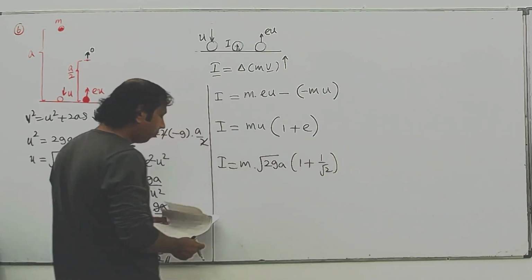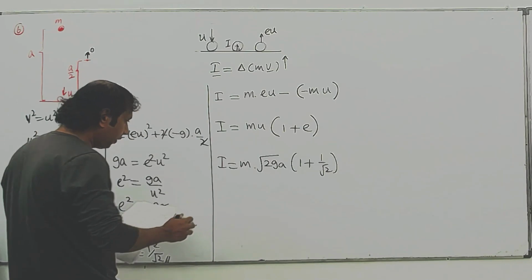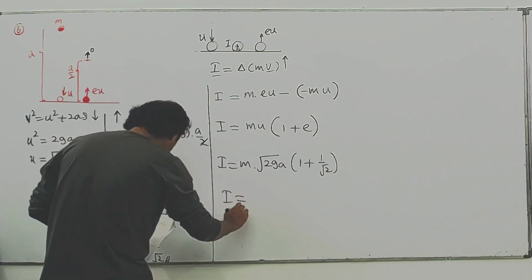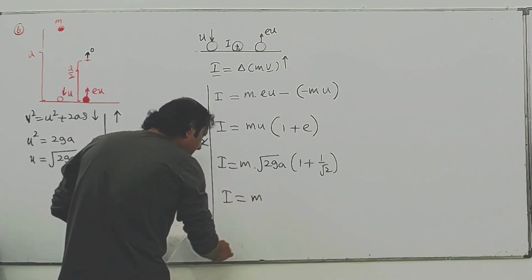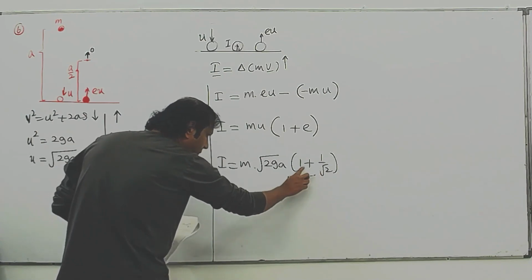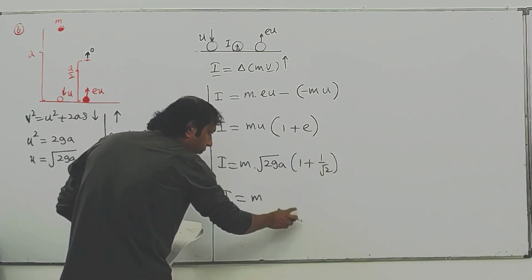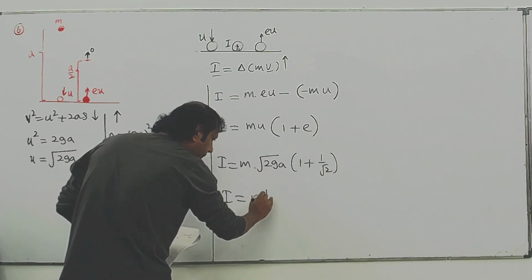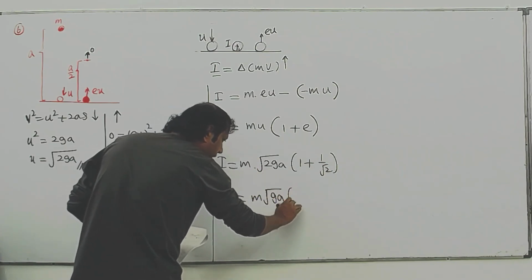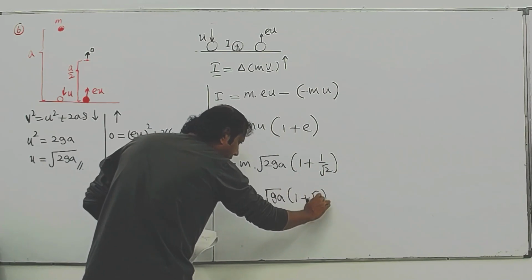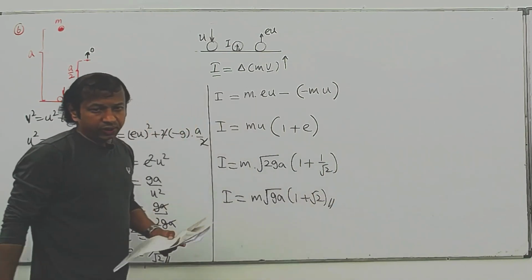So we get I equals m root 2ga times, taking the common denominator root 2, root 2 plus 1. The root 2 cancels down, and root 2 plus 1 we can write as 1 plus root 2. This is how we get the answer.